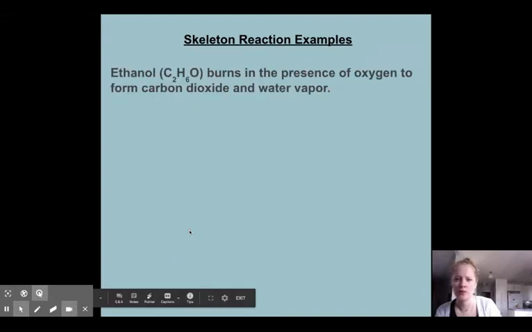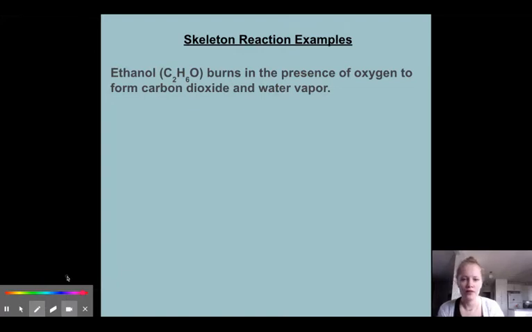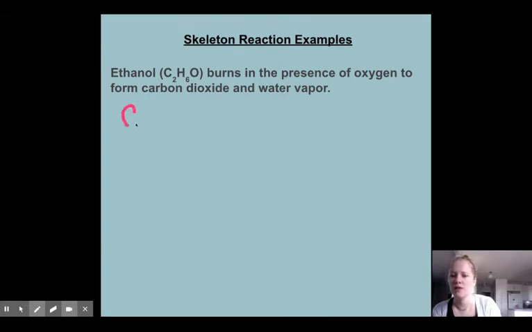All right. I'm going to do one more. Once again, if you want to try this, go for it. Pause, and that way you can play and keep going with it. Okay, so we have ethanol. You don't necessarily have to memorize ethanol. This is one of the ones that I would give you. C2H6O. It burns in the presence of oxygen.